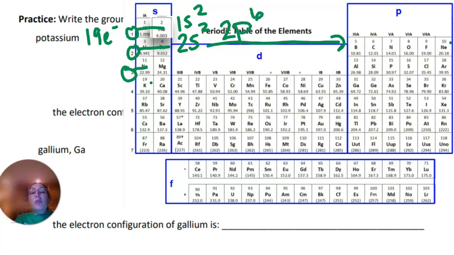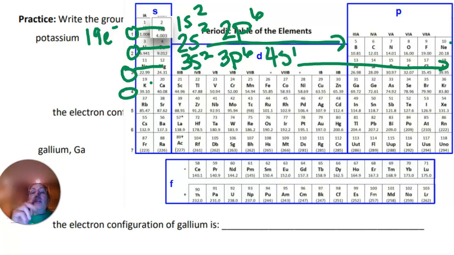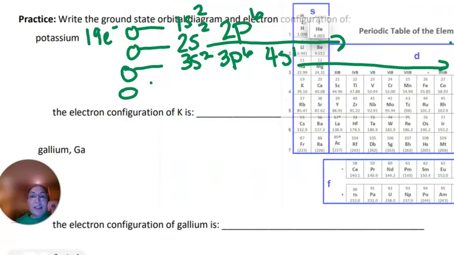Then we're going to fill 3s with 2 electrons. And then we're going to fill all of 3p with 6 electrons. And then we're going to have 4s, and we're going to have one more. So looking like 1s2, 2s2, 2p6, 3s2, 3p6, 4s1. Just have to be able to read what I wrote, huh?